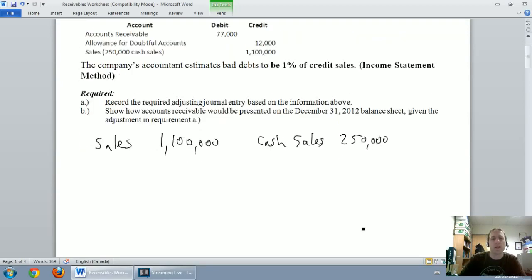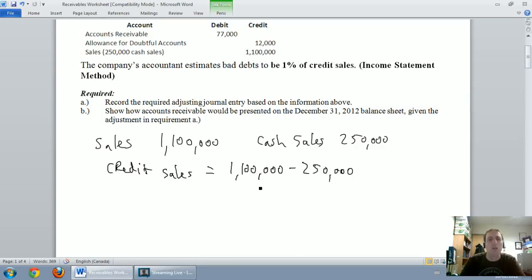So my credit sales here is going to be my sales minus my cash sales. So it's going to be 1.1 million minus 250,000. That's 850,000.